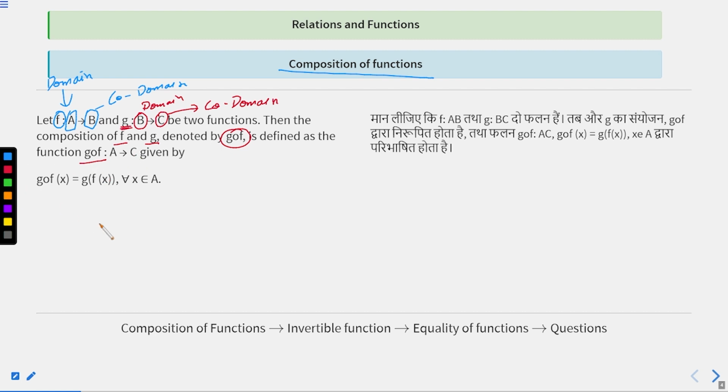If you try to observe, f is going from where to where?